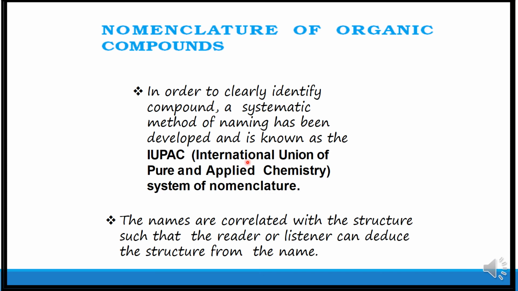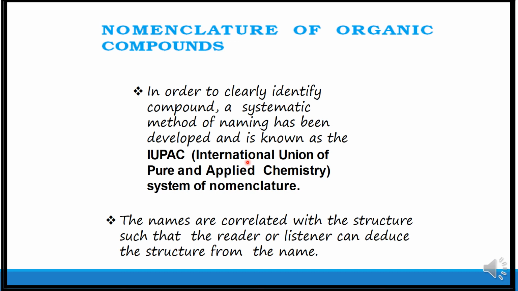Nomenclature of organic compounds. Children, the term nomenclature means the system of naming of organic compounds. In case of aliphatic compounds, two systems of nomenclature are generally used. One system is trivial or the common system, and the second system is the IUPAC system.